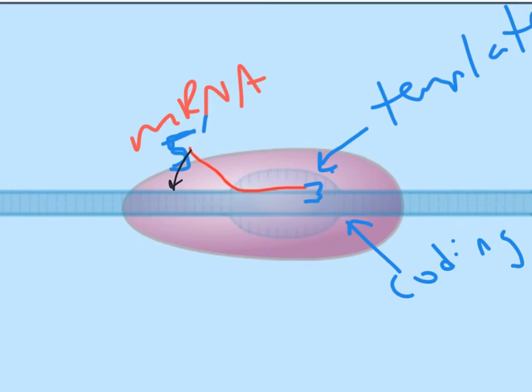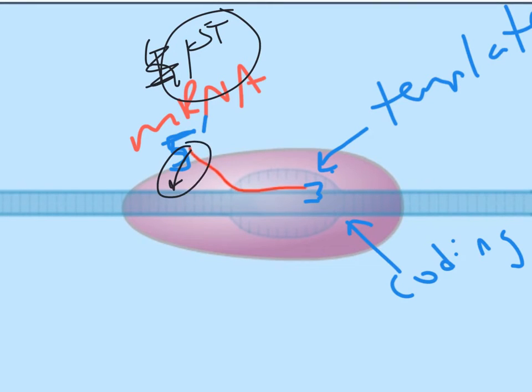That was the first nucleotide to be incorporated right here. Now polymerase currently is right there. So it started on the left side and it's going to the right. Polymerase moves in that direction.